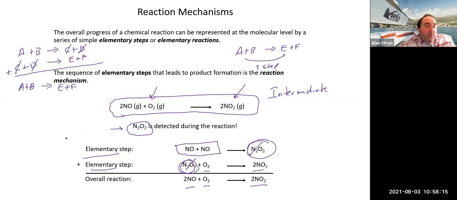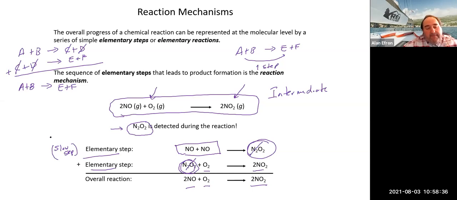So what about mechanisms and kinetics and rates? Well, usually somewhere in a reaction mechanism, for example, this one's only 2 steps, maybe another is 3 steps, 4 steps, 5 steps, you'll usually have a step which is referred to as the slow step.